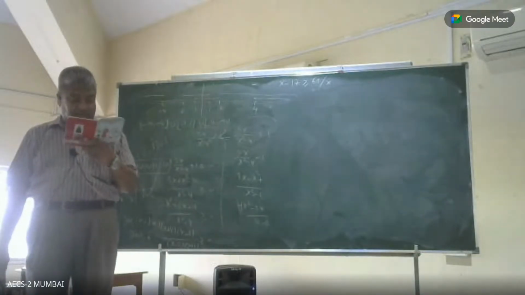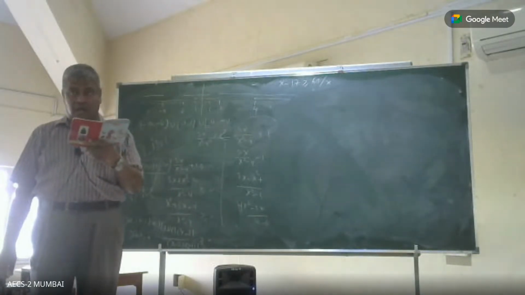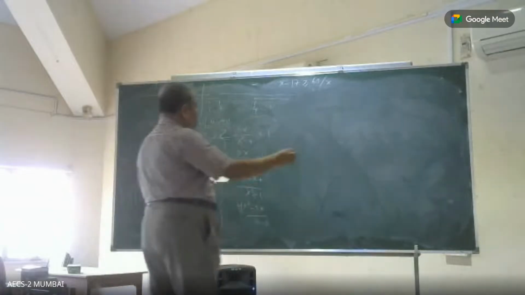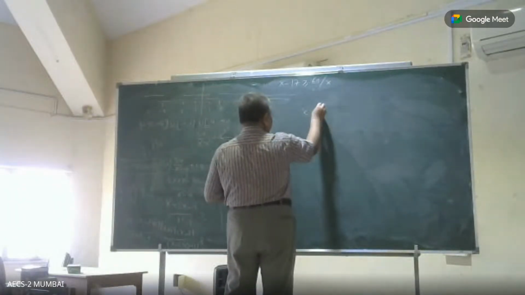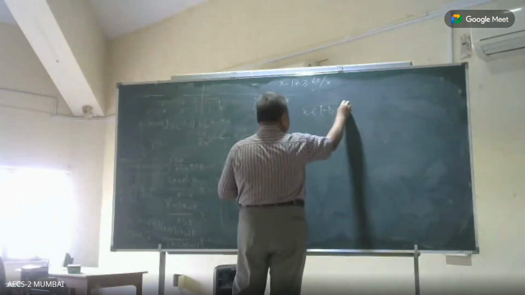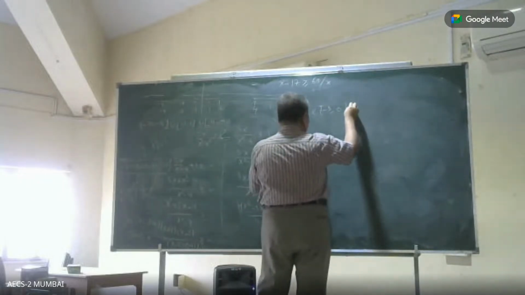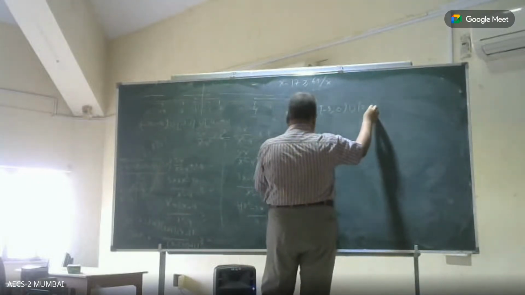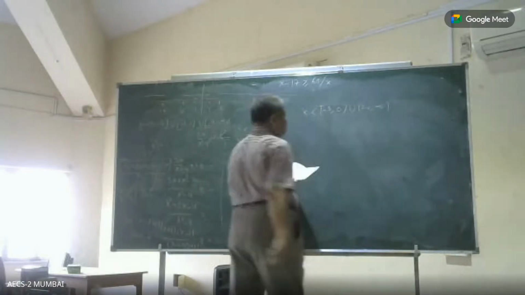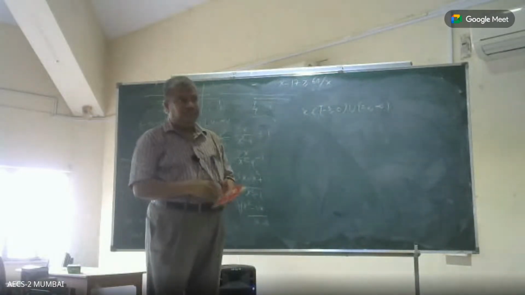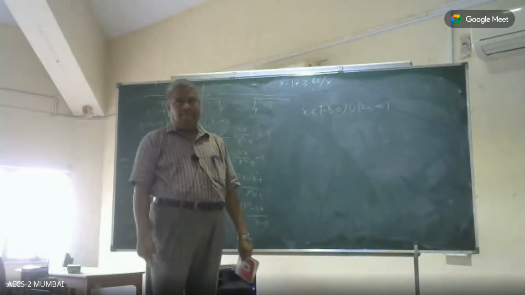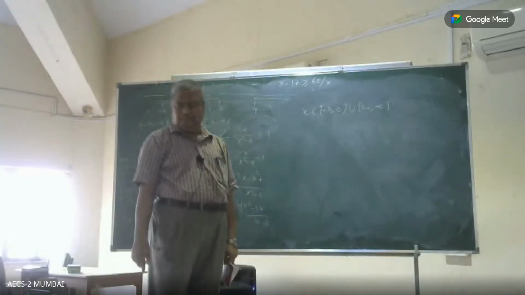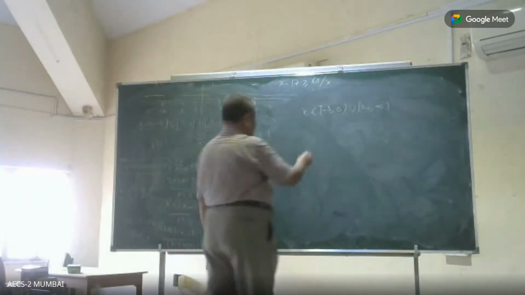What is the answer? X belongs to minus 3 to 0 union 20 to infinity. Yeah, good, very good. This is the answer. Okay. So how did it come?